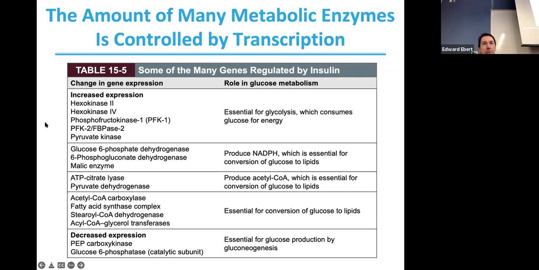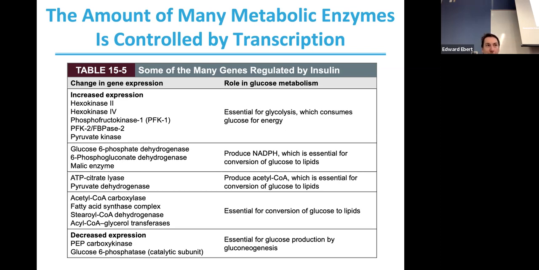Okay. And this is kind of my bias. I grew up as a protein biochemist. I'm interested in enzymes, so I look at how enzymes bind things and regulate. That's only part of the regulation of these enzymes. We also have transcriptional control.